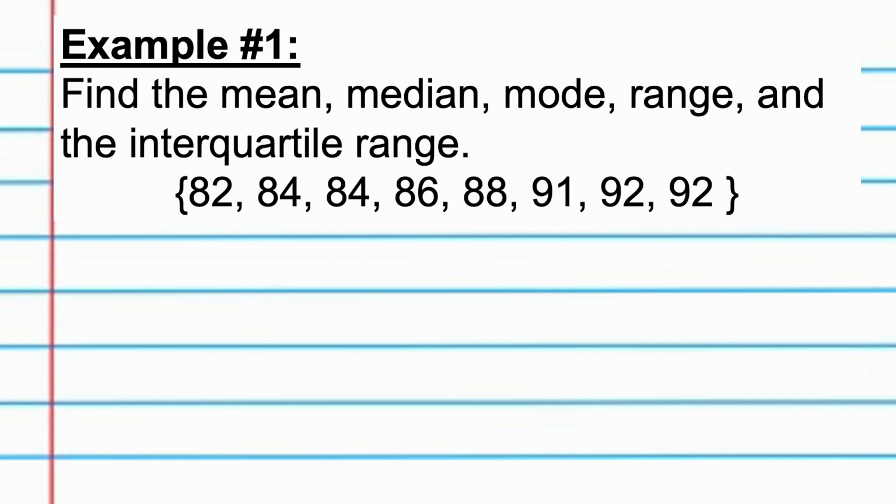our data set and we're going to follow the steps that we wrote before. Step 1 was put the data in order from least to greatest. We did that. Good job. The second thing we need to do is find the median. We already did that. Our median was the number that goes right here in the middle.